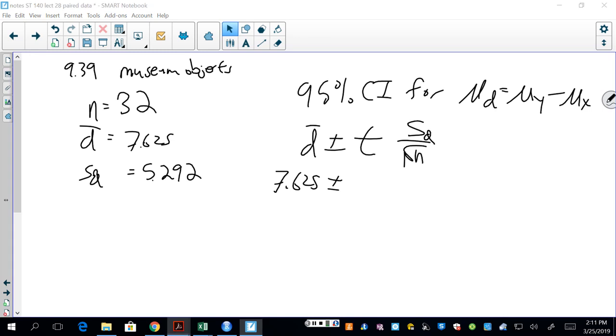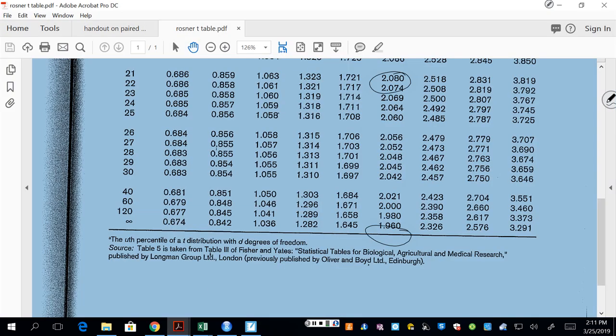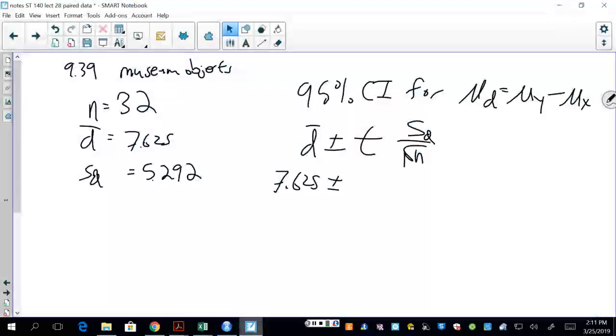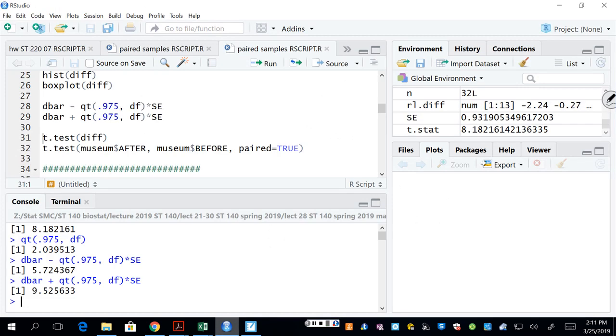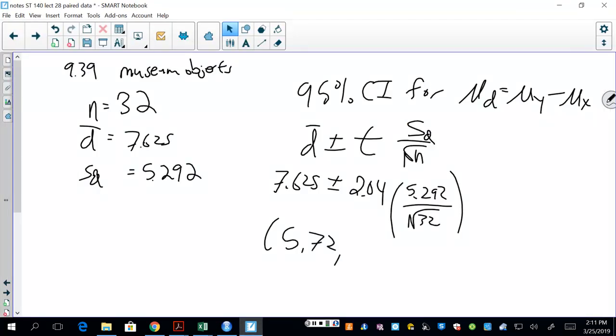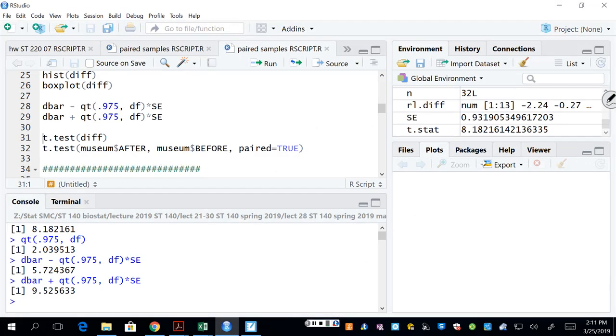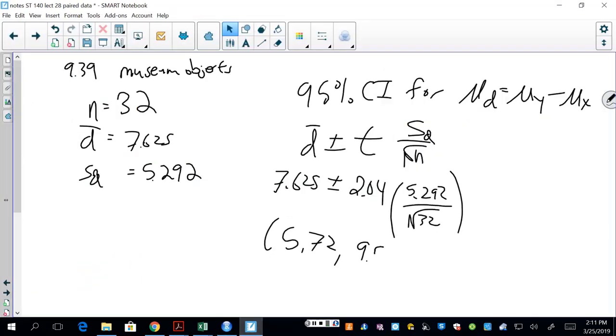What did we just say it was? For 30, it was 2.04. So say 2.04 approximately, and then s is 5.292 over the square root of 32. That gave us 5.72 up to 9.53.